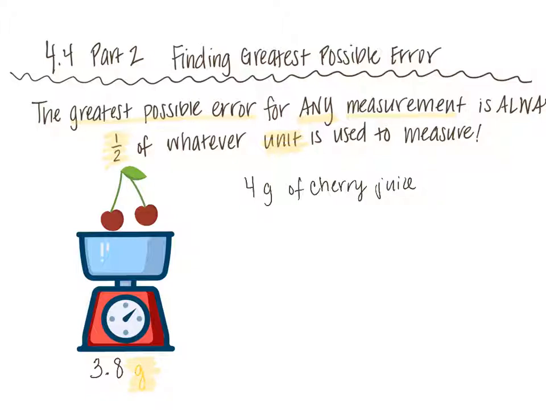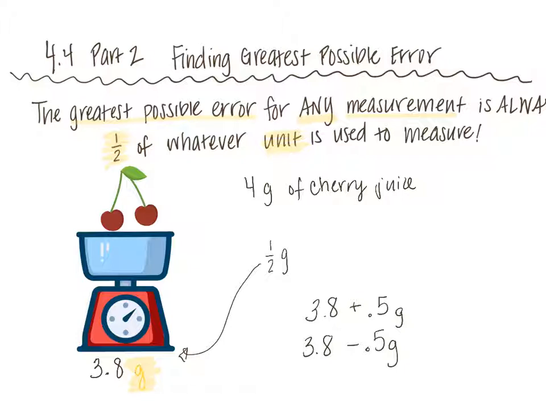So the greatest possible error is going to have to be half of a gram. That's it. That's all you do. So the greatest possible error I have in my measurement of 3.8 grams is plus or minus half a gram. So my actual weight could be 3.8 plus 0.5 grams, or it could be 3.8 minus 0.5 grams.